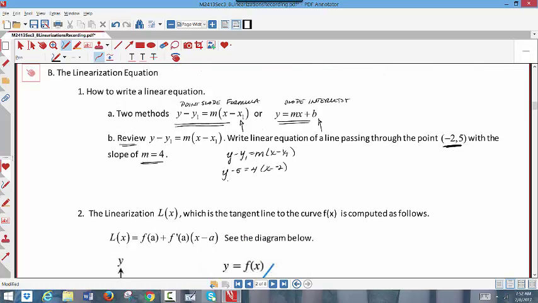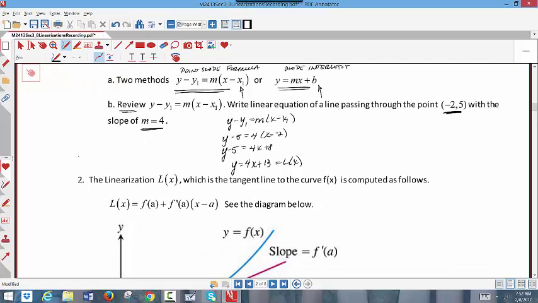So when you're creating this equation, it's going to say y minus 5 equals 4x plus 8, and then when you add the 5, you come up with your equation of 4x plus 13. And this would be your L of x. Okay, your linear equation of your tangent line, which we call the linearization.